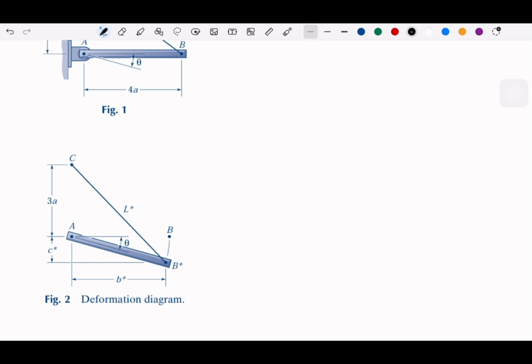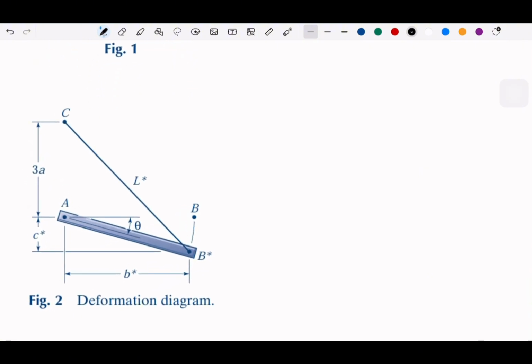This is the theta that we assume, between 0 and pi over 2. By taking the Pythagorean theorem, we have this triangle now.